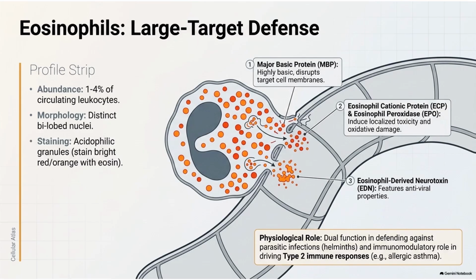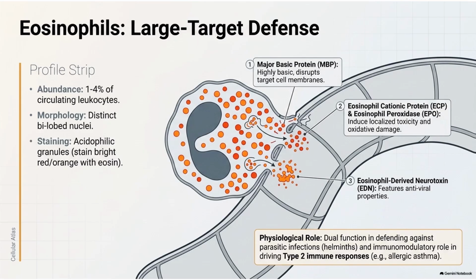So compared with our neutrophil, we're already seeing specialization in action. The neutrophil is an extraordinarily effective, rapid phagocyte. The eosinophil brings a different toolkit, one particularly suited to extracellular targets where releasing toxic molecules onto the target can be more useful than trying to engulf it.